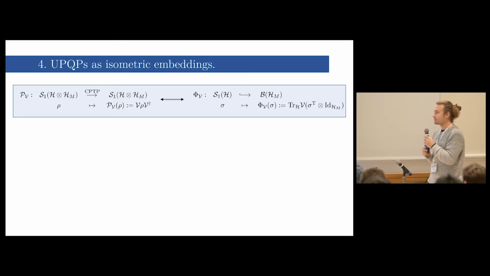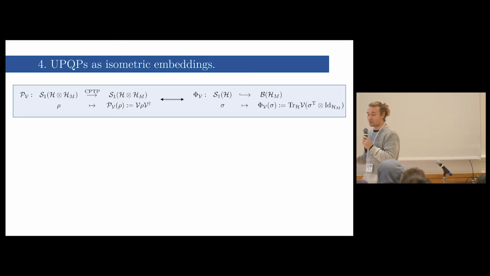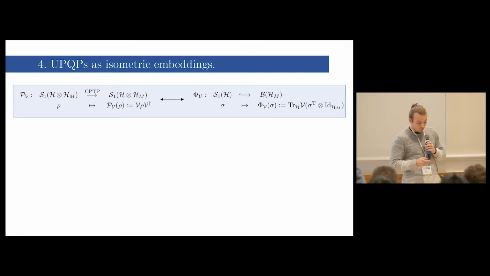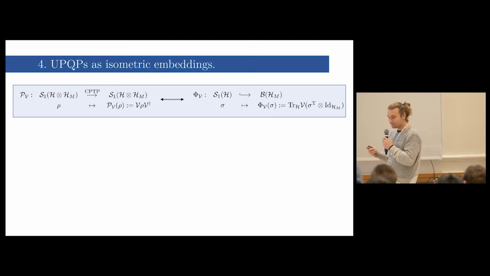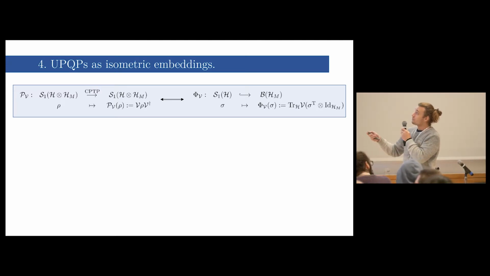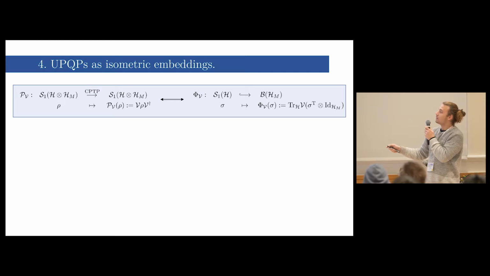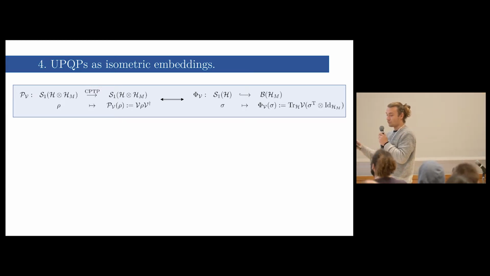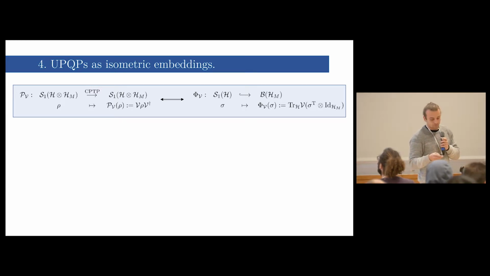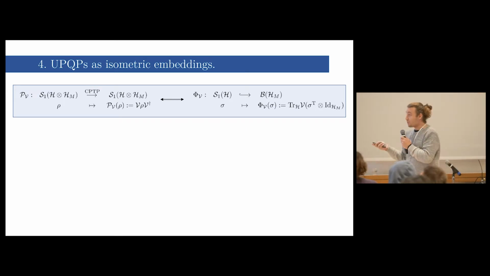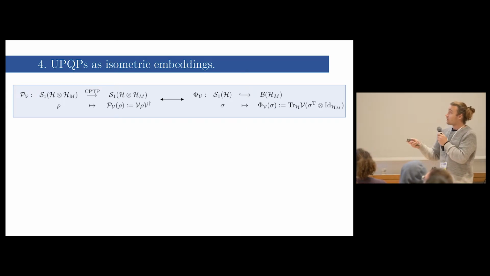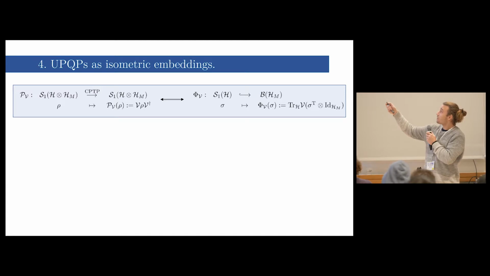Now let's focus our attention on the case in which our quantum channel is in addition an epsilon UPQP. So we have this correspondence, and now we also demand that this channel has these programmability properties. We show that these properties translate into a sort of isometric property of this embedding.